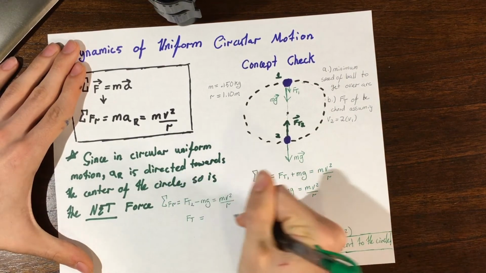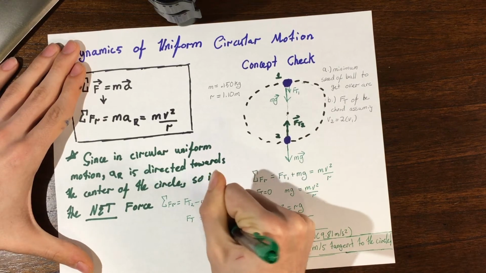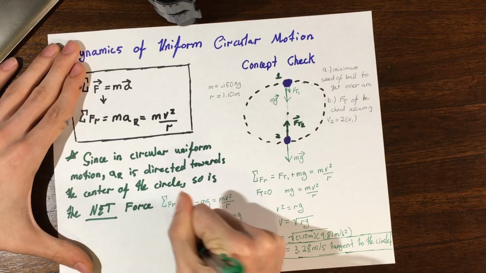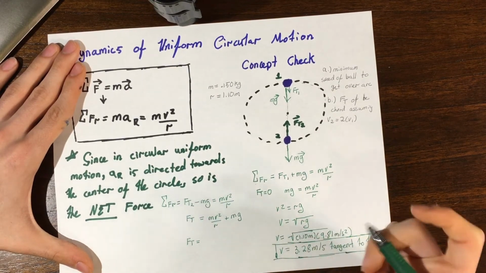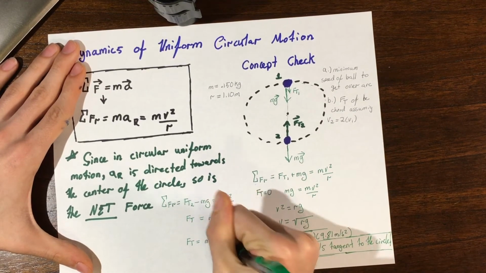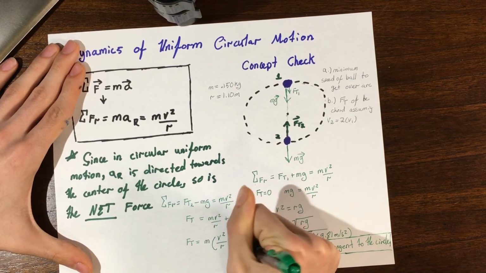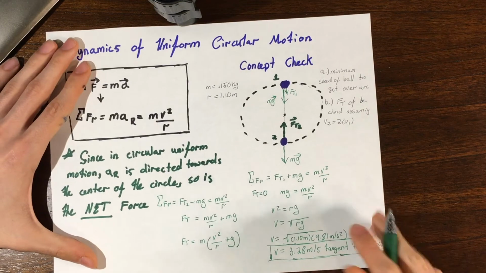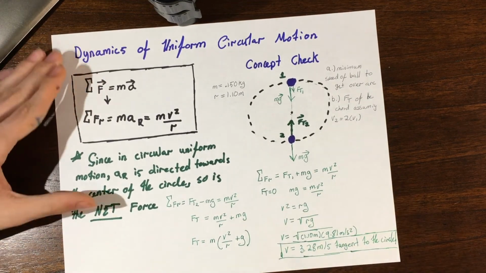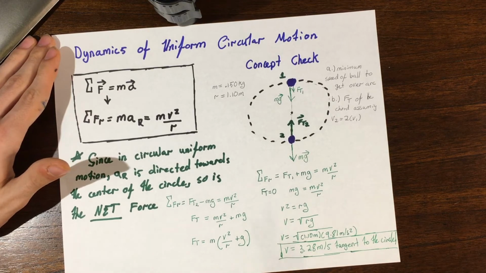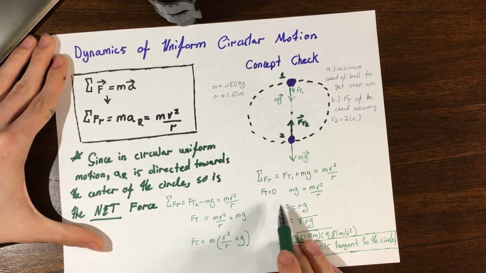Now we're going to solve in terms of force tension. We put mv squared over r plus our mass times gravity. Our force tension therefore is equal to mass times v squared over r plus our gravitational constant. Notice that in this case, since we're solving for force tension, we're not saying it's equal to 0.